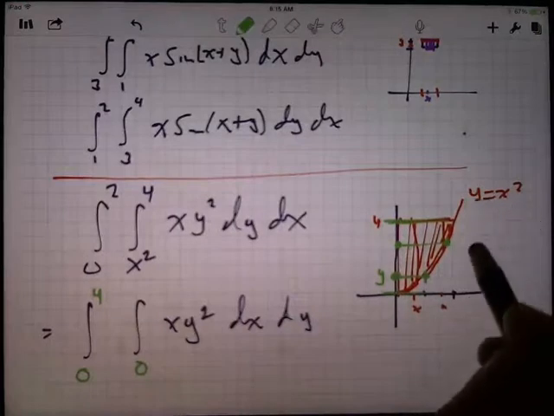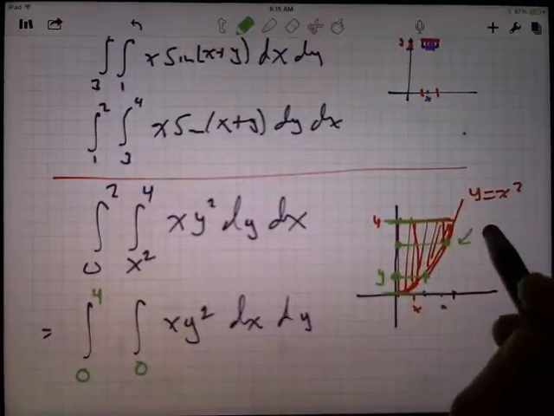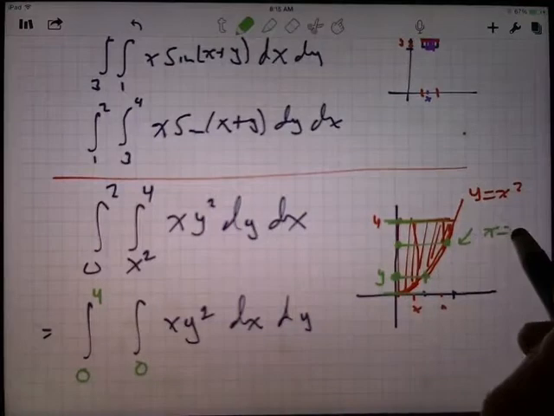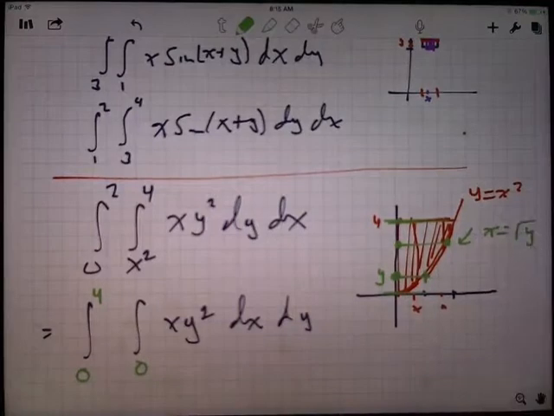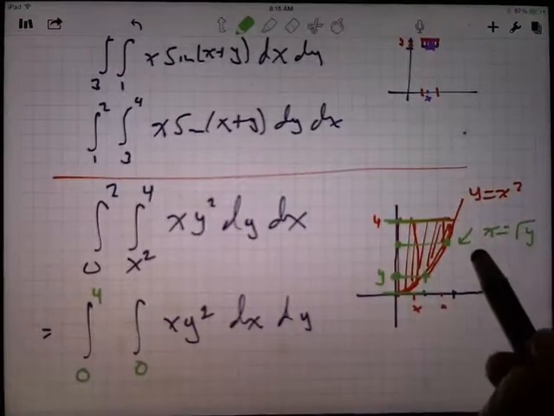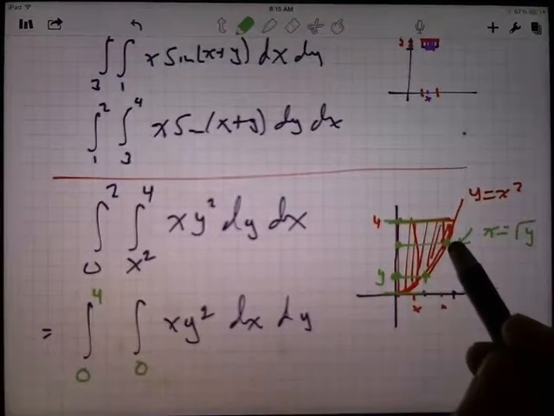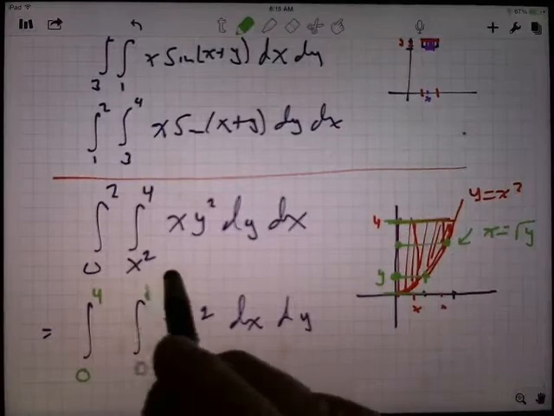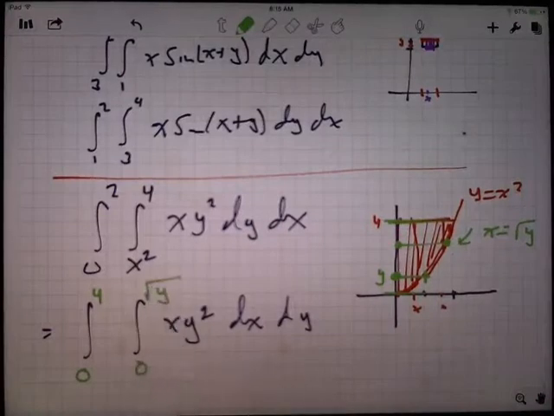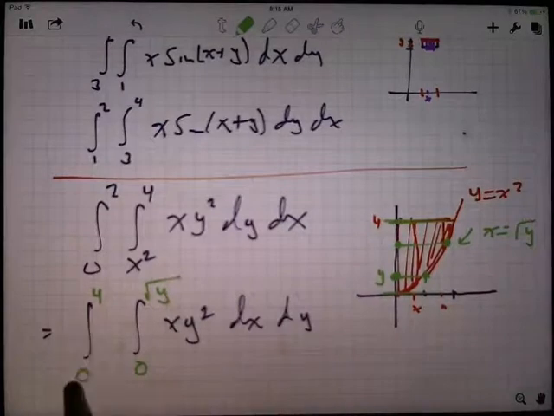Well, that curve is y equals x squared. If we solve for x, we've got x equals the square root of y, and it's the positive square root of y because I'm over in the first quadrant. That's going to be my right endpoint here. So this is the square root of y. The outside integral is just numbers.